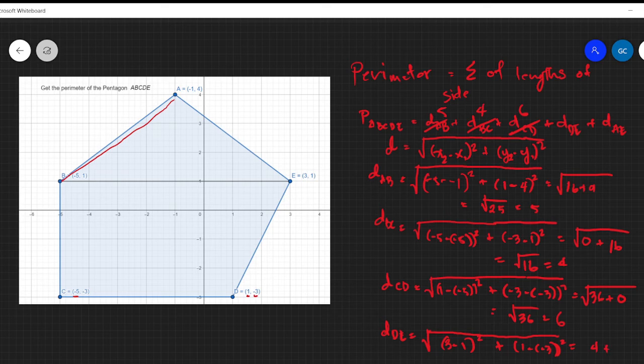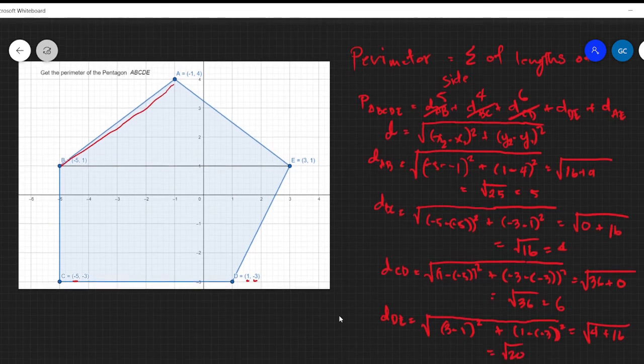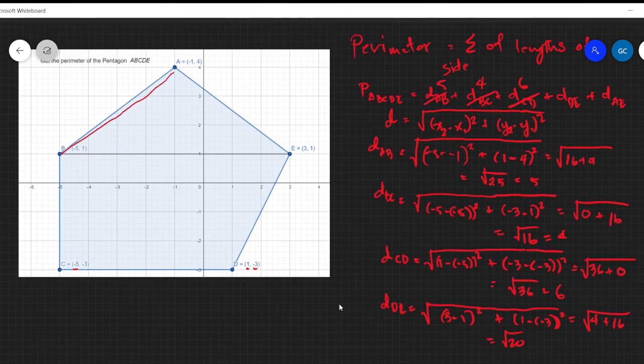So we have plus 16, giving the square root of 20. If we rationalize that, it will be equal to the square root of 4 times 5. The square root of 4 is 2, so we will have 2 square root of 5.